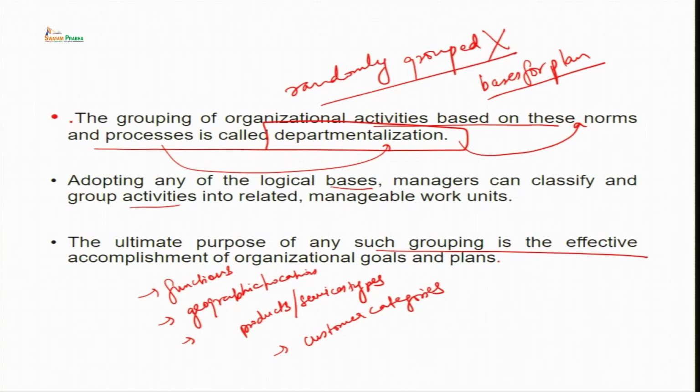For example, sales people working together in a sales department or production people working together in a production department are examples of departmentalization. An organization can also have hybrid organization structures through a combination of various department types.